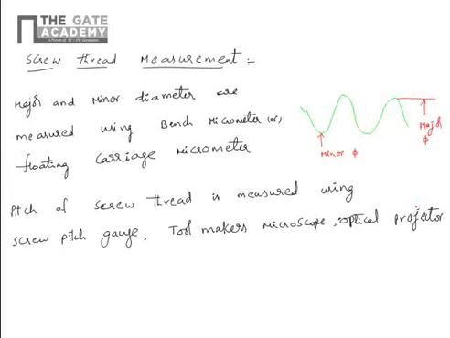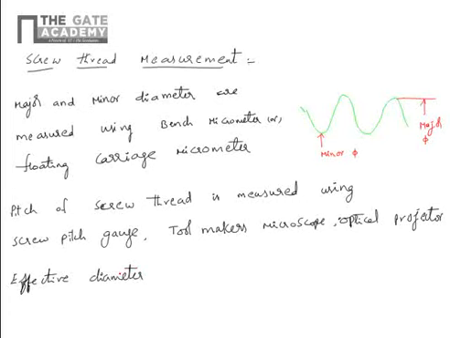Next, effective diameter. What is effective diameter? We know major diameter is a diameter measured at the addendum, and minor diameter is a diameter measured at the dedendum. So what is effective diameter? This is important.